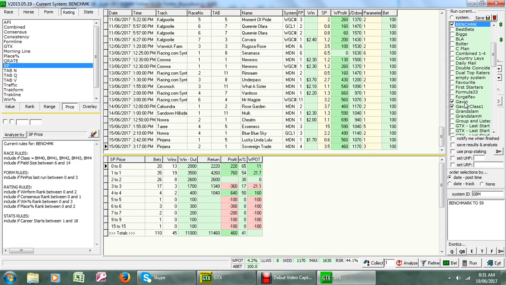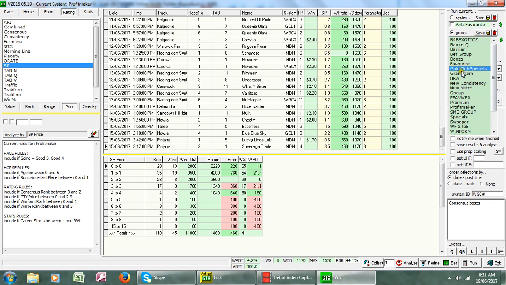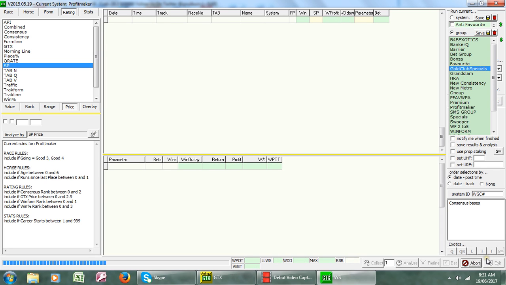This is looking at maiden races, and this one here is looking just at Class 1 races. You might also remember we're looking at a plan called Profit Maker, and those selections come up under that. So we've ticked those, and basically they're all the systems that I've got in here that we're going to run as a group, so that we've only got to hit the button once, and they all come up.